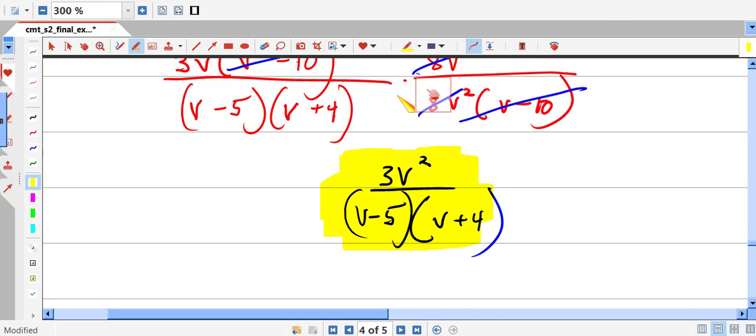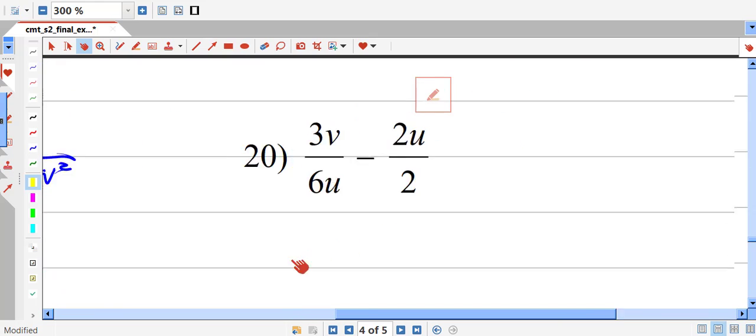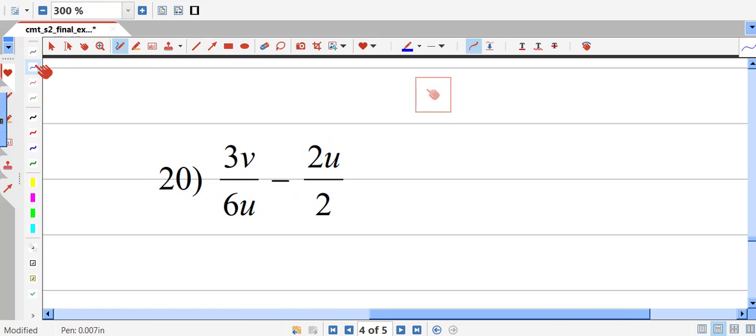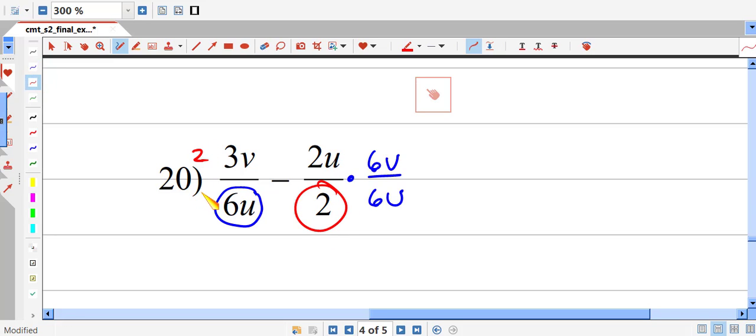Okay, so that's that one. And then the last one, I think, is a subtraction. I'm subtracting fractions, so I need a common denominator. The way I get the common denominator is I take that denominator, write it over itself to multiply the second fraction by that, and then I take whatever's in there and multiply the first fraction by that over itself. Then I add or subtract the numerators and keep the common denominator.